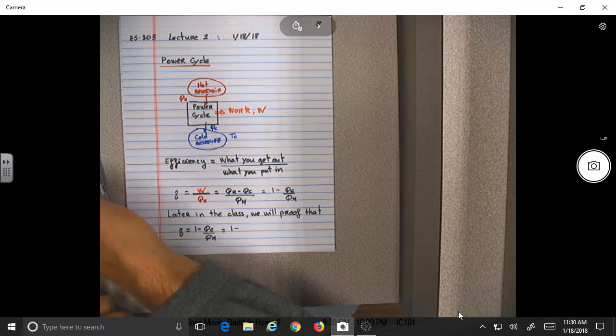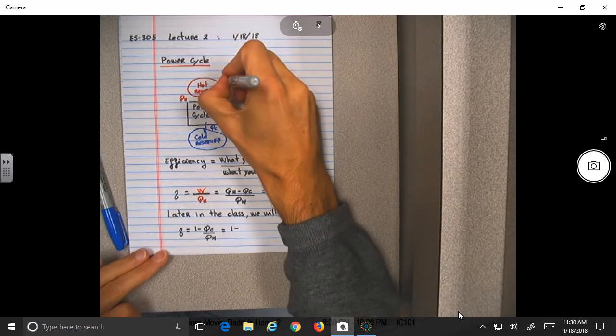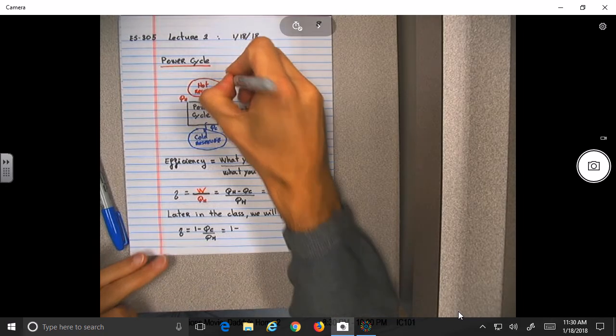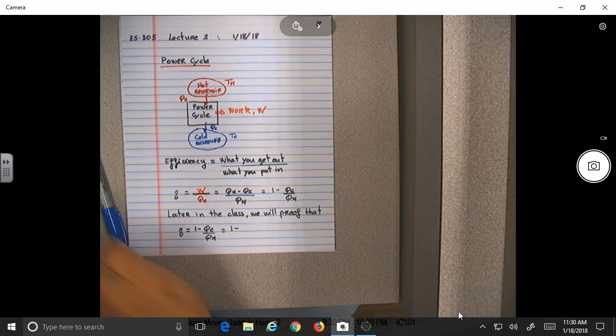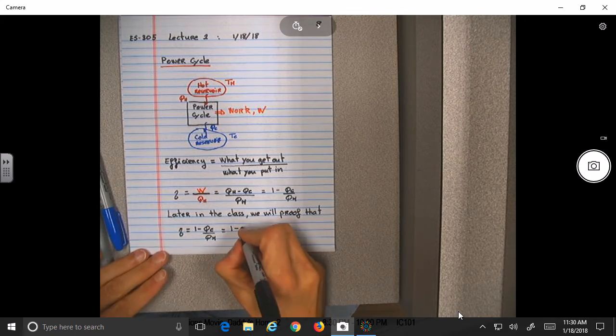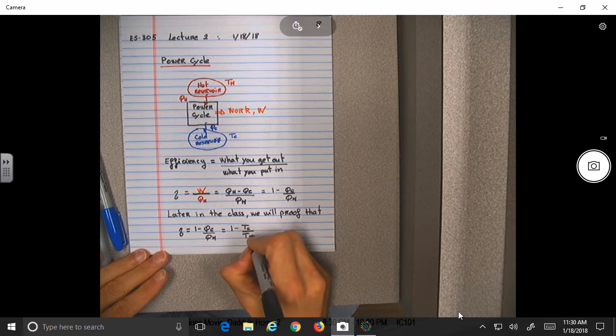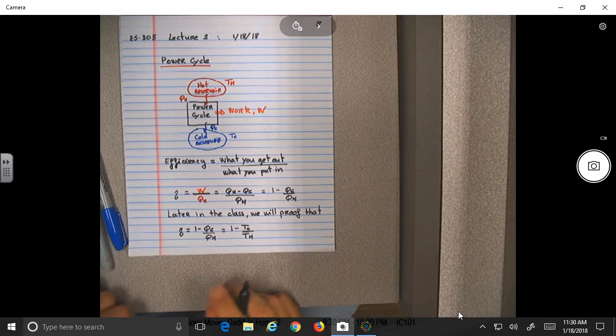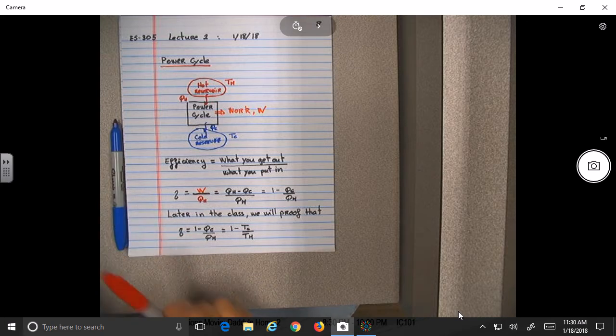If you have a hot reservoir, this reservoir will be at a certain temperature, T hot. So we can say that the efficiency will be equal to 1 minus T cold divided by T hot. But actually, this equation involves 4 or 5 pages of derivation. Okay?